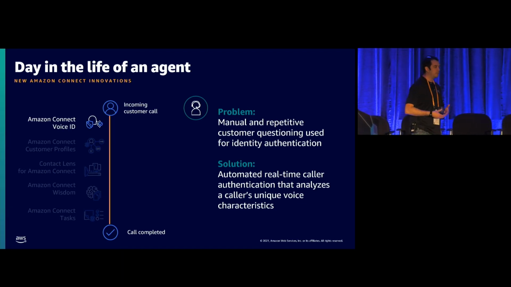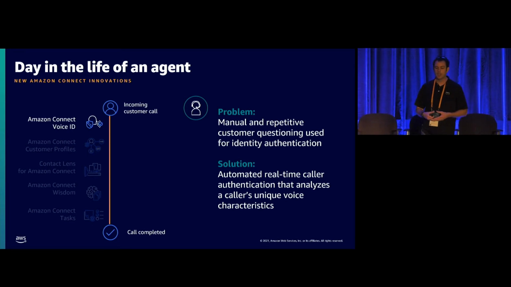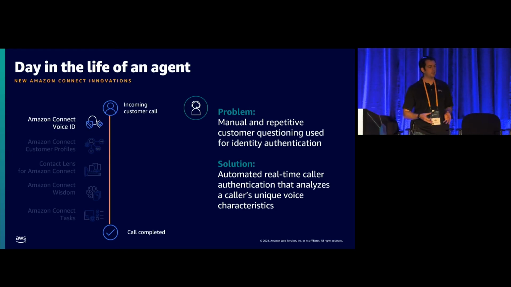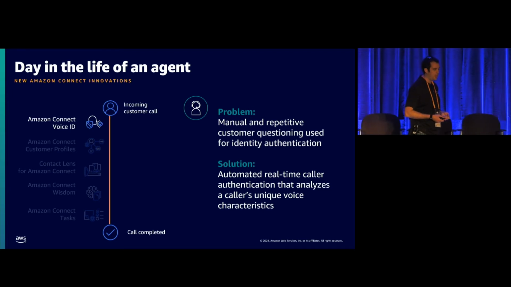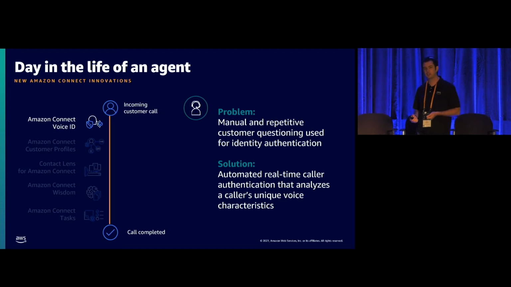Now we can provide a degree of certainty that that is our caller. And this helps make your contact center not only more efficient, but more secure. Agents no longer need to ask sensitive information. And we can do this authentication in as little as 10 seconds of customer audio.